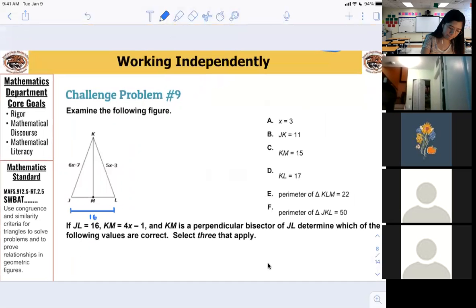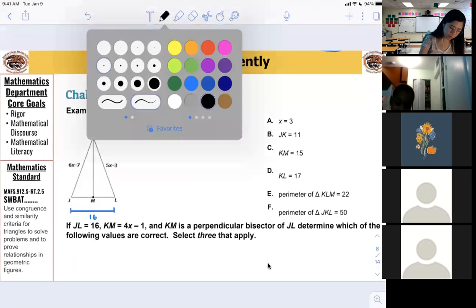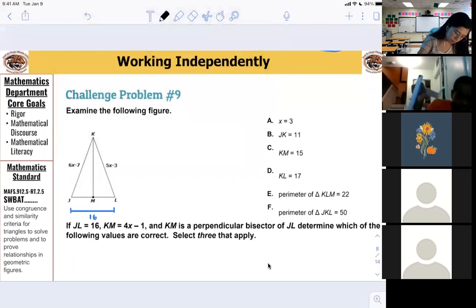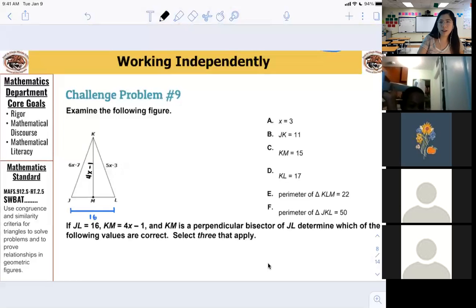KM is 4x minus 1. And KM is a perpendicular bisector of JL. So what else can I fill in here? We know that the measure of angle M, I guess, is 90.